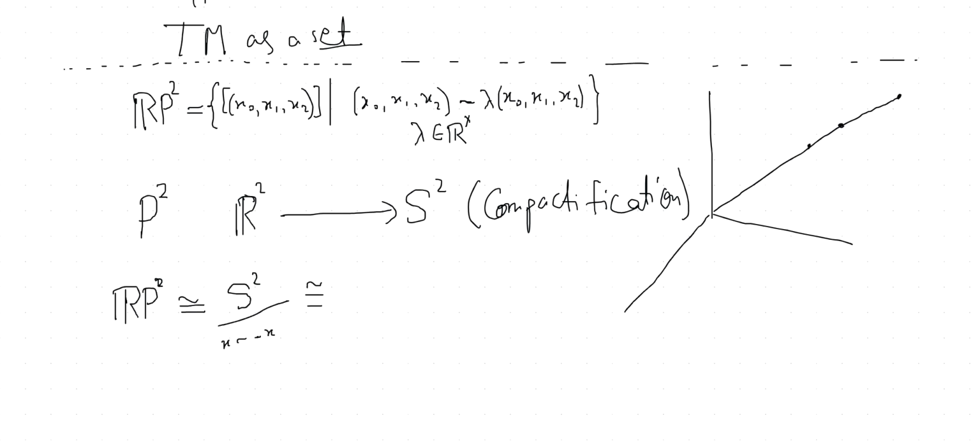Because why that needs a proof? Because S1 quotient by x identified with minus x, diametrically opposite points, is actually S1. It's actually S1. Yeah, that's the thing.